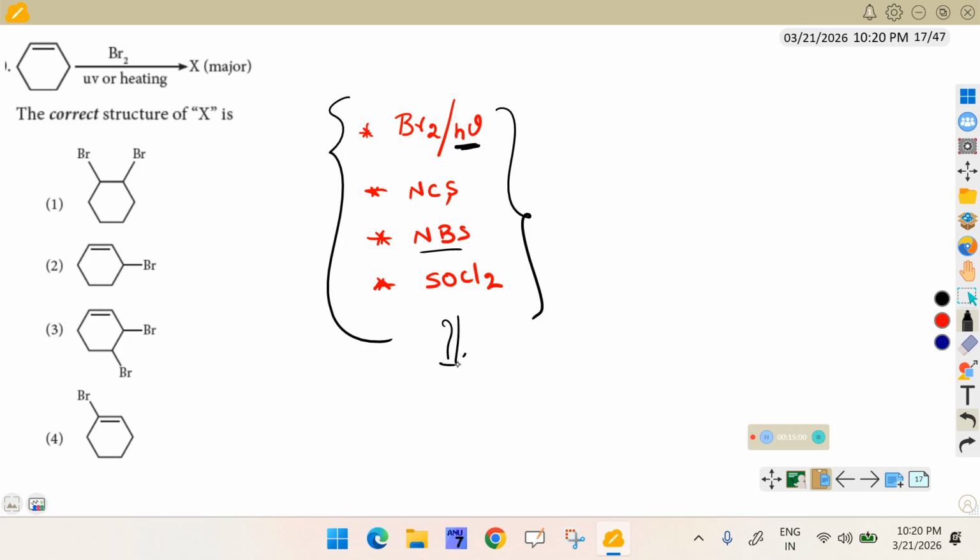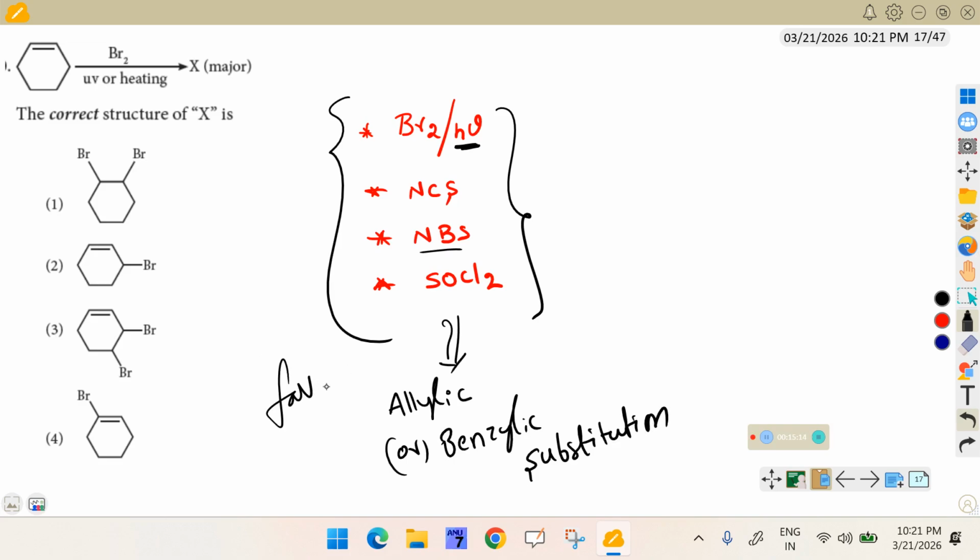All these reagents favor allylic or benzylic substitution. So substitute the bromine atom at the allyl carbon. Here, this is an allyl carbon, this is also an allyl carbon. At any one place you can substitute the bromine atom. Based on that, the second option is correct.